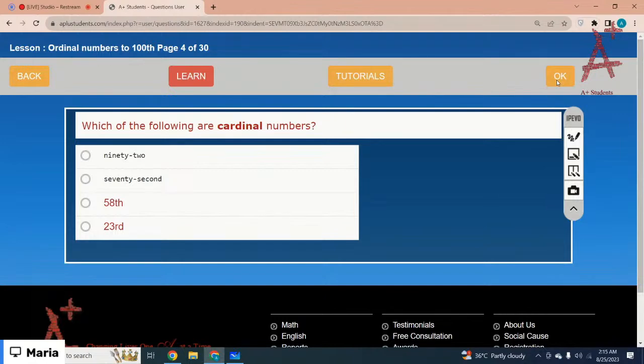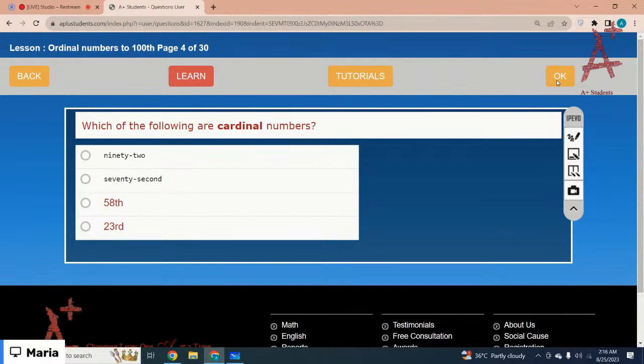Which of the following are cardinal numbers? Which is the correct option? Cardinal is the 92, right?